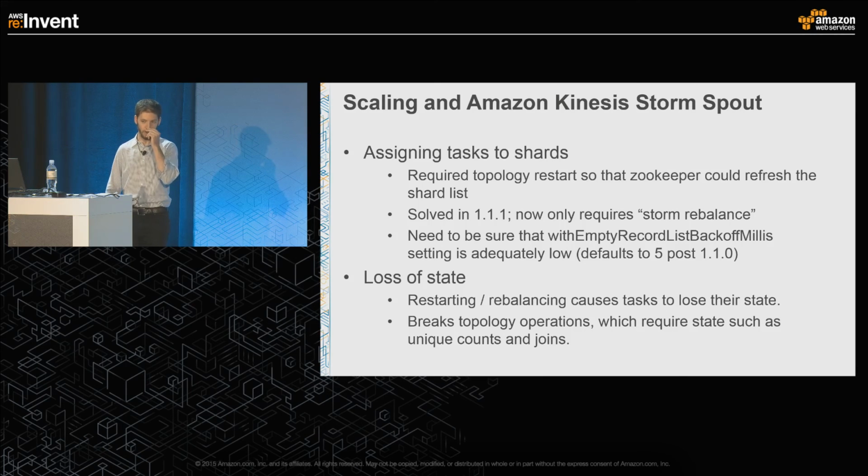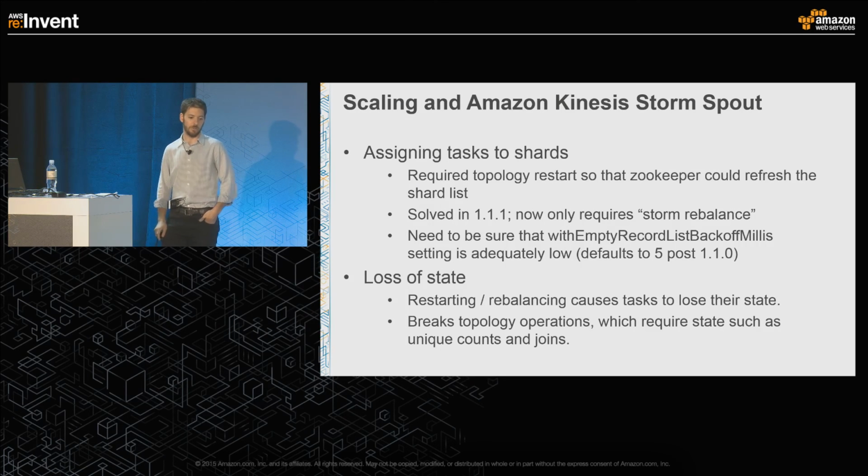But setting that adequately low makes that less of a problem. So just make sure if you're scaling up shards and you have closed shards, that this is low. Otherwise, make sure you have enough threads to cover all of your open and closed shards.